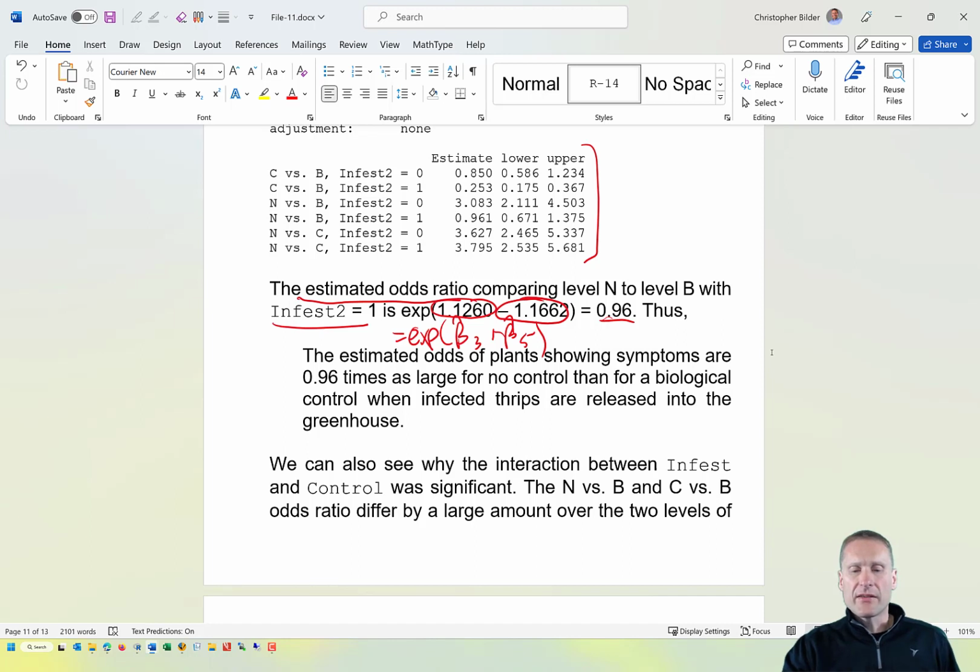So what this says then is that if I use a second infestation method, the type of control is not having much of an effect of preventing spread of the virus. Kind of weird to think about that, but it's not working very well.